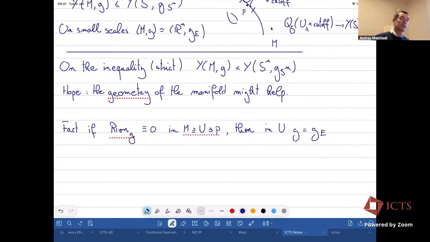So the manifold must be locally isometric to R^n.